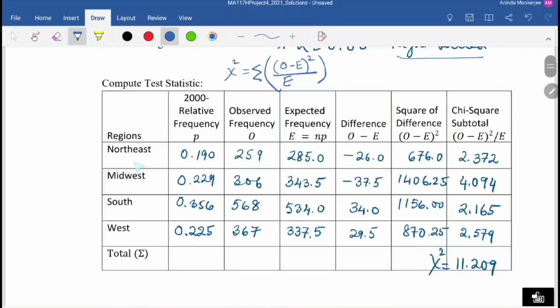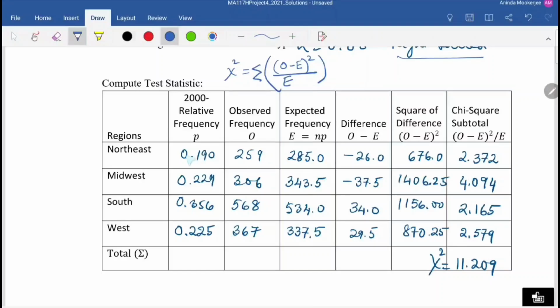All right, so in the first column of the table, we have the 4 regions. And then in the second column, we have the relative frequencies from the year 2000. We denote that as P because they represent the proportions.